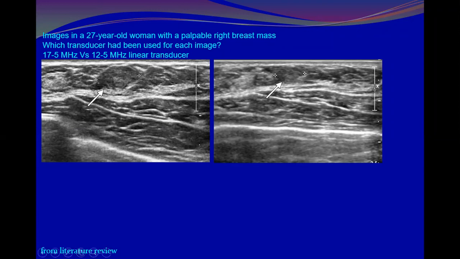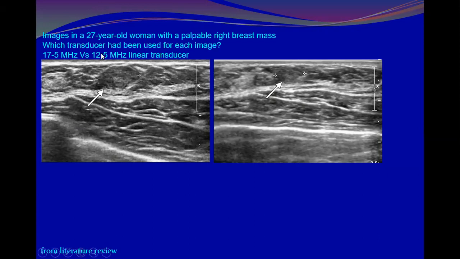In this case, yes, you are right, this is the 12.5 megahertz transducer. It looks questionable: is it a fat lobule or a real lesion? But by using a higher frequency probe, it is clearly a probably benign lesion, looking like a fibroadenoma, and it was stable on follow-up.